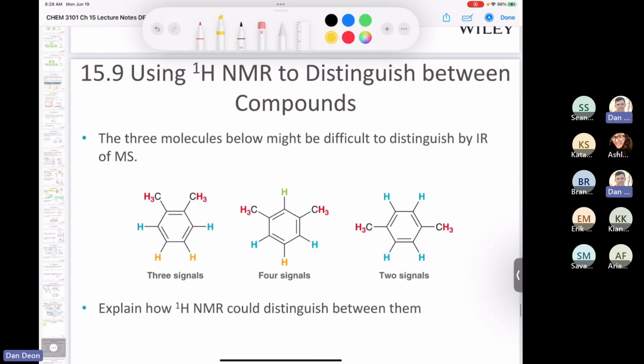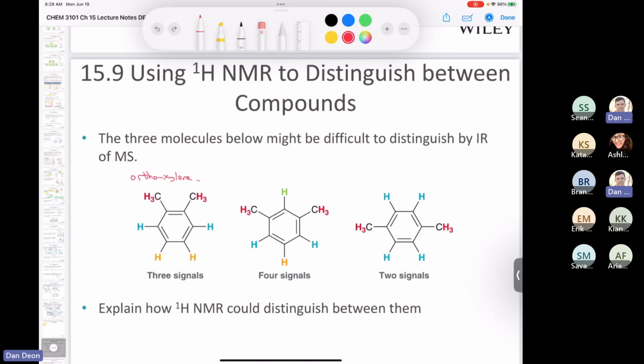So something that I tried to explain to you at the very beginning of this chapter was, if you run an IR on some compounds, let's say you have these 3 aromatic compounds here. These are all xylenes. This compound here is called orthoxylene. This one here is called metaxylene, and the last one is paraxylene.